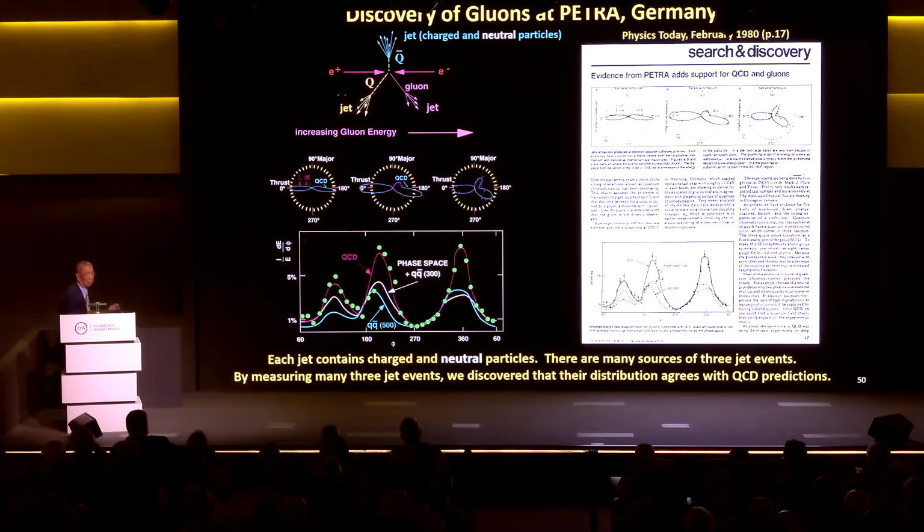But to do that, you must measure the total energy. Indeed, if you spread this out, you can see there's 1 jet, 2 jets, 3 jets, in the total energy. They agree with gluon emission, and do not agree with the other theoretical models. Just observing 3 charged tracks in a plane is necessary, but it's absolutely not sufficient.